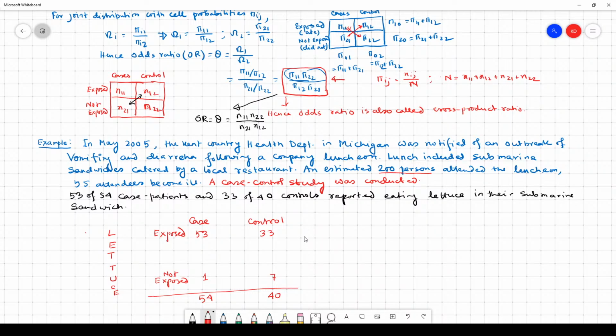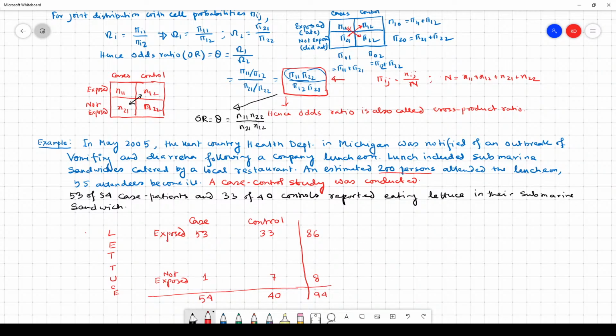So the total number of exposed patients is 86, and this is 8, and the total number of patients is 94.